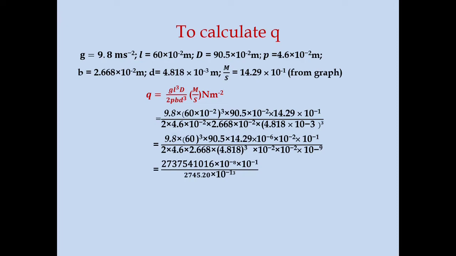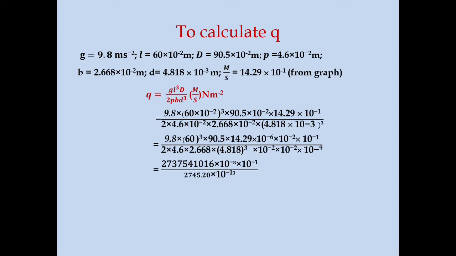Then multiplying all the numbers in the numerator, we get 2737541016, and we have the powers there: 10 power minus 6, 10 power minus 2, that is 10 power minus 8, and then another power 10 power minus 1.